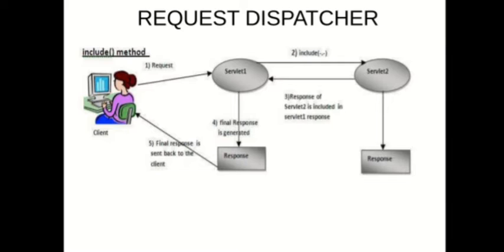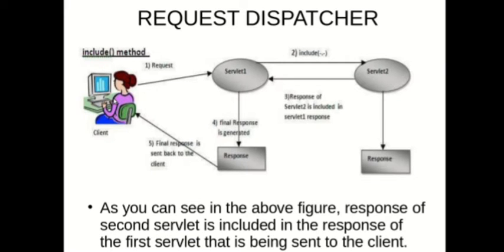Then servlet 2 generates a response, and the response is included in servlet 1's response. Servlet 2 has to send some response to servlet 1, so servlet 2's response is included in servlet 1's response, and then finally servlet 1 will generate a response by using servlet 2's response, and finally that response is sent back to the client. This is the use of the include method. So the second servlet's response also came into servlet 1. So finally servlet 1 is making a final response, and finally that response will be sent to the browser, or the client.